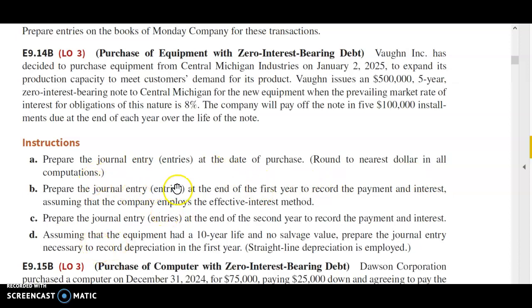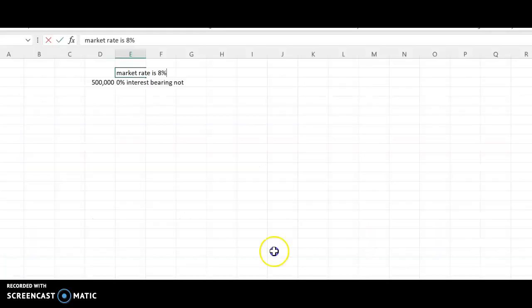So let's look at that first. The actual purchase of the equipment. Okay, so I'm going to scroll to the answer real quick. Alright, so what I've done is I have put our information here. We have a $500,000 zero interest bearing note, and the market rate is 8%, so our note is 0%.